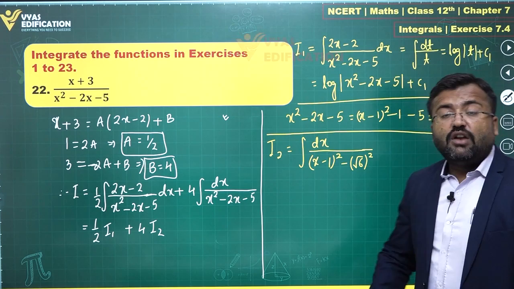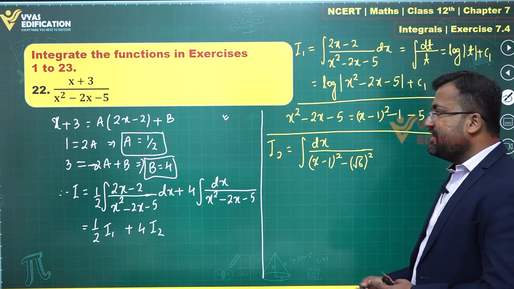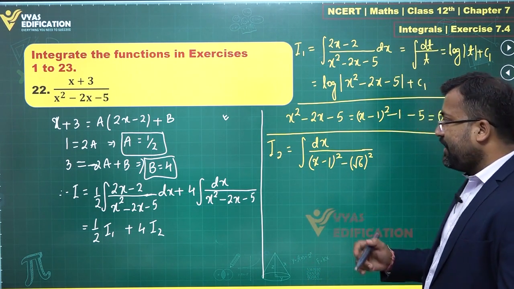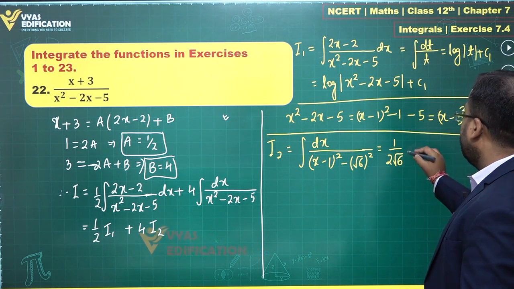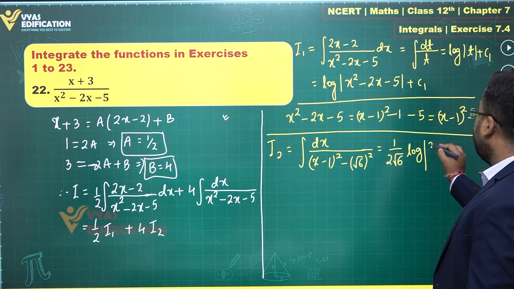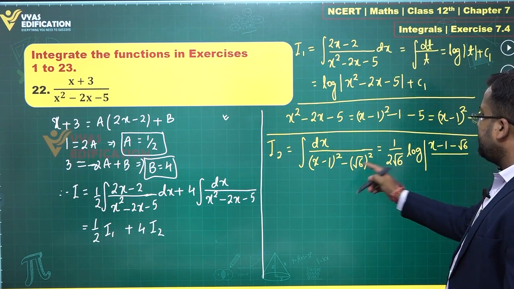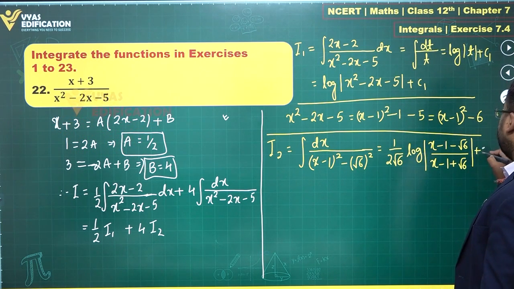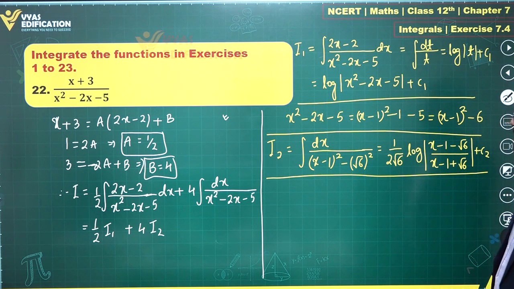And what is the integral of 1 upon x square minus a square? Formula says 1 upon 2a log of modulus x minus a upon x plus a. So 1 upon 2 root 6 log modulus of x minus 1 minus root 6 upon x minus 1 plus root 6, plus another constant c2. This is I2. Observe this carefully.